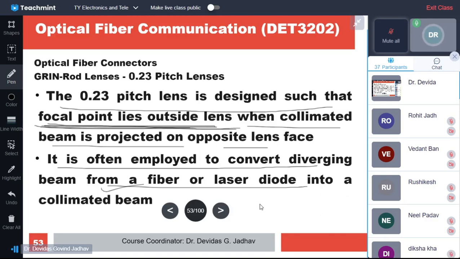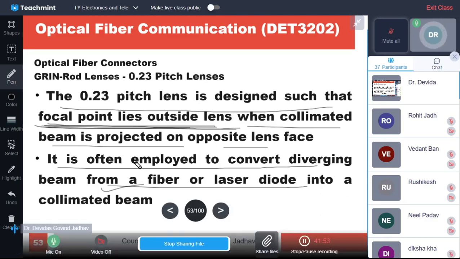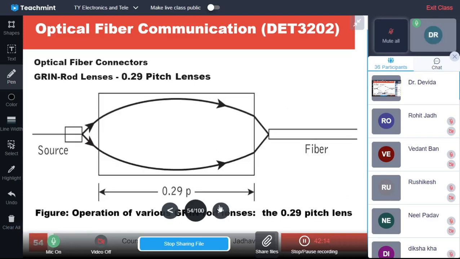So we must have a focal point gap between the lens and source. So very easily we can use this gap to place the laser diode source exactly. Similarly for the detector on the opposite side. So it is often employed to convert a diverging beam from a fiber or laser diode into a collimated beam. Okay? Because the focal point lies outside, it becomes easier to assemble.